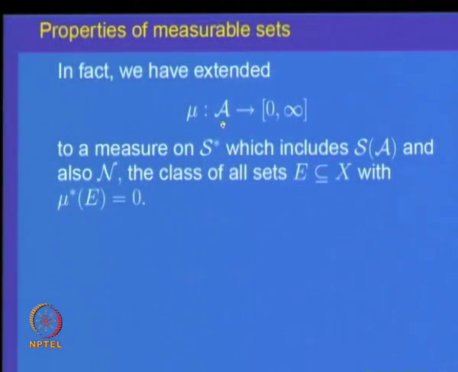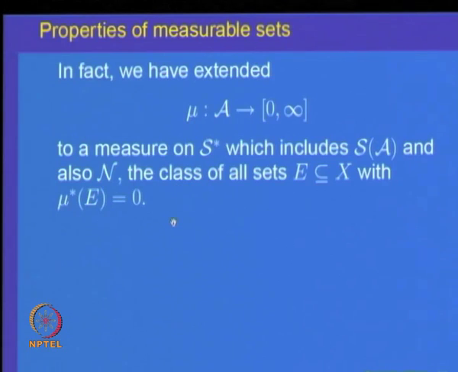In fact, we have proved something more. We have actually shown that not only mu, which is defined on the algebra, extends to S of A, the sigma algebra generated by it, actually it extends to a class S star, which not only includes S of A, it includes also the class of null sets, mu star null sets, sets of outer measure 0.